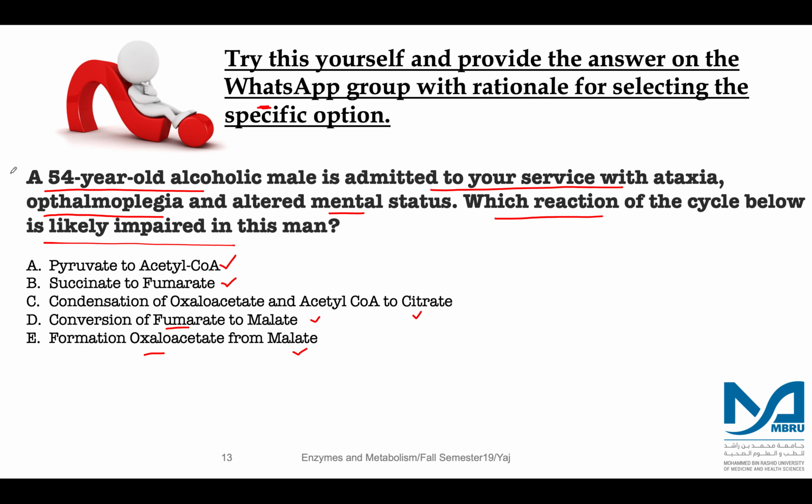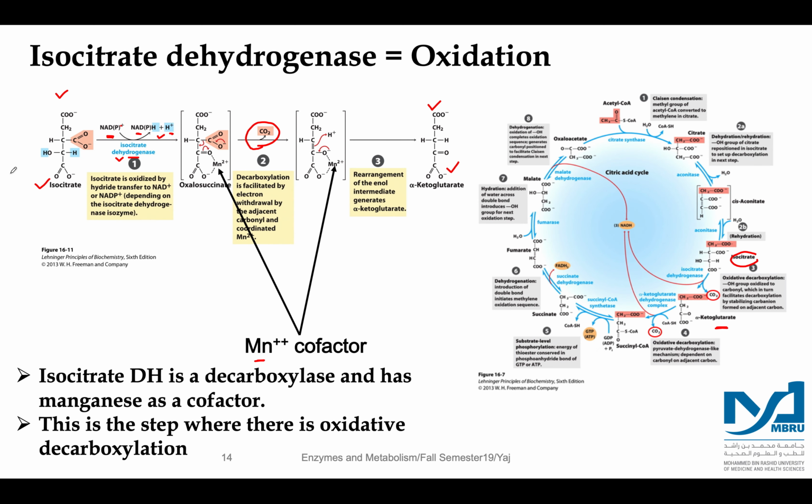So isocitrate dehydrogenase catalyzes the conversion of isocitrate to alpha-ketoglutarate by oxidative decarboxylation. In the process, we get NADH plus H plus as well as carbon dioxide.